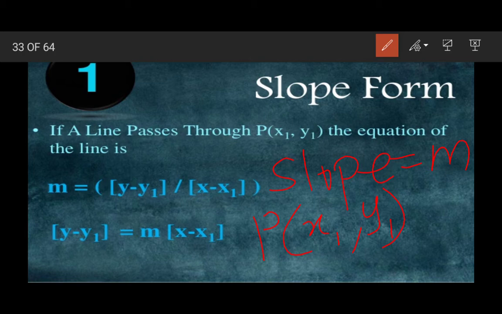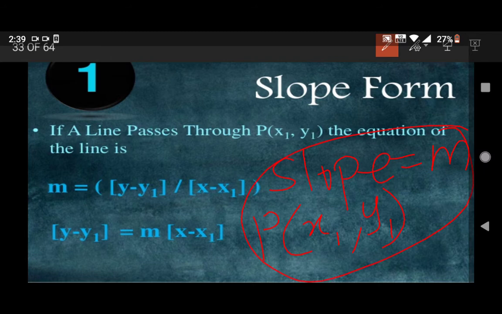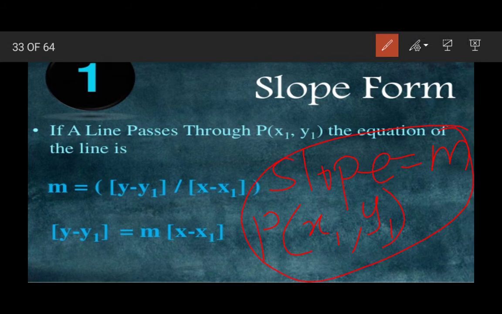Then we can find the equation of the line by using the slope point form. The equation will be y minus y1 equal to m into x minus x1. This is the formula for finding the equation of a line when the slope is given and one point is given.